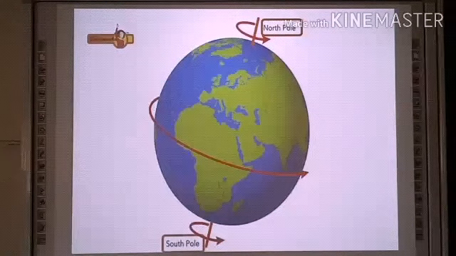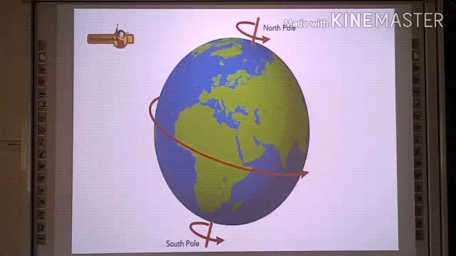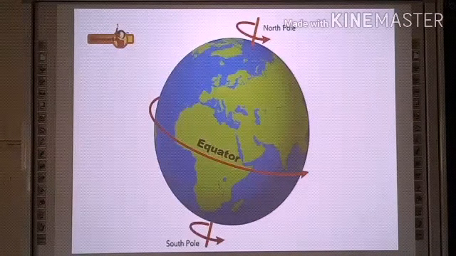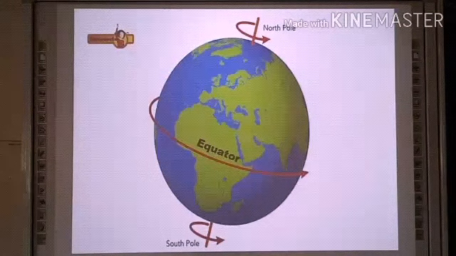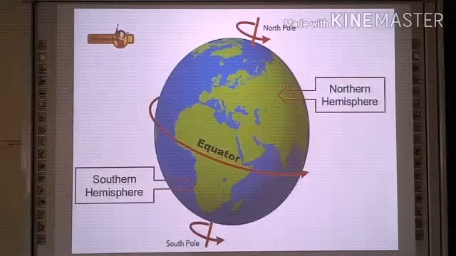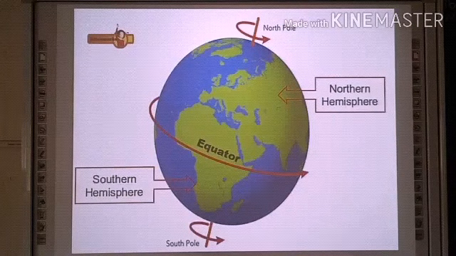Midway between North Pole and South Pole is the equator, which too is an imaginary line which divides our Earth into upper northern hemisphere and lower southern hemisphere. Look at the upcoming animation carefully to understand more about equator.